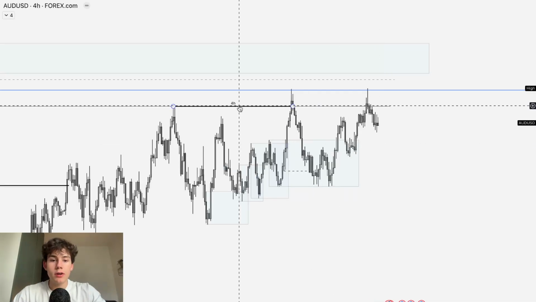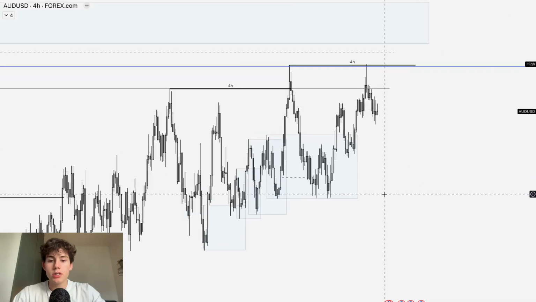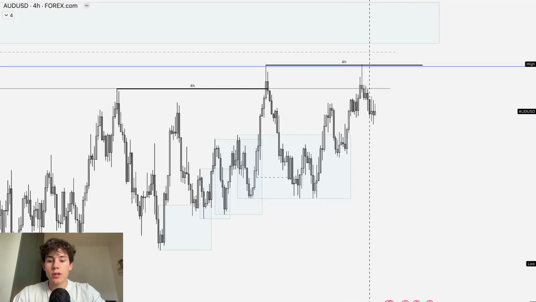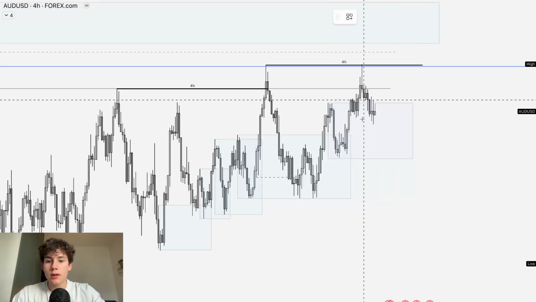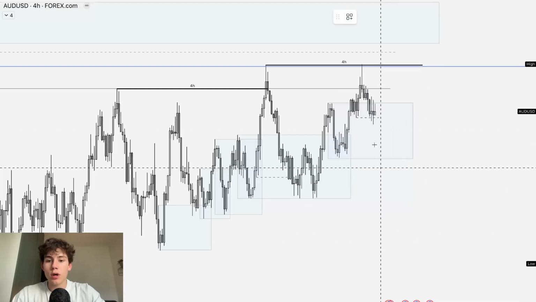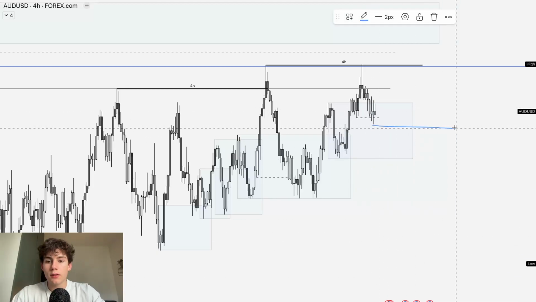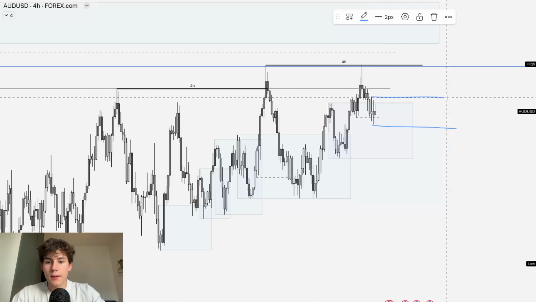So looking over here at the 4-hour time frame, what can we see? Well, we are 4-hour bullish, so longs are definitely nice, and we can see that we are inside a demand zone at the moment, and we grab liquidity underneath this low. So what I would be waiting for is a 4-hour fractal break. This is your fractal low. This is going to be your fractal high.